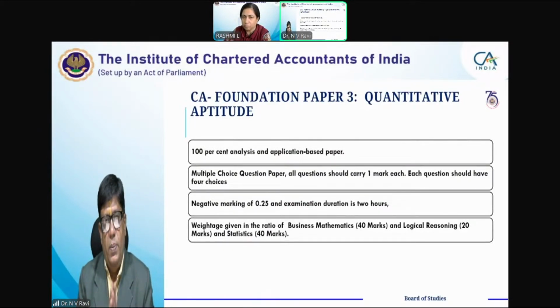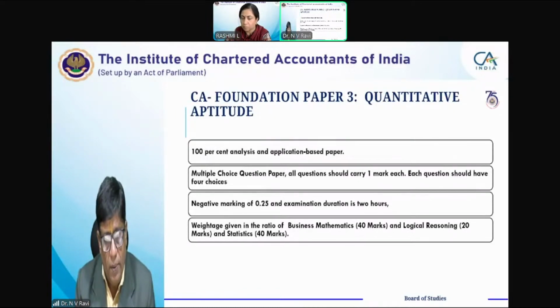Quantitative aptitude is an application and analysis based paper, completely objective type, with 1 mark each. It is a 2 hours paper. Above all, there is a negative marking of 0.25 in this paper, and the duration of the examination is 2 hours.